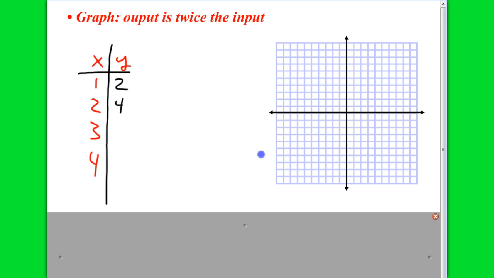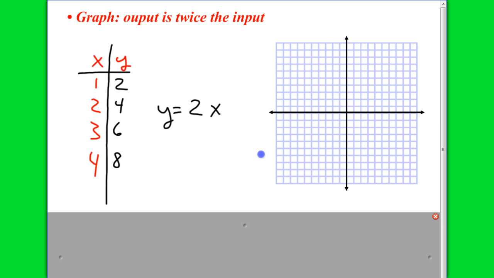And the input is 3. And when the input is 4, 8. So beautiful table. We said when you write the rule, you are saying, what am I operating on x with? What is the operation that gives you this output that you see? Jake? 2. Good. So it's a multiplication of 2. Basic function.